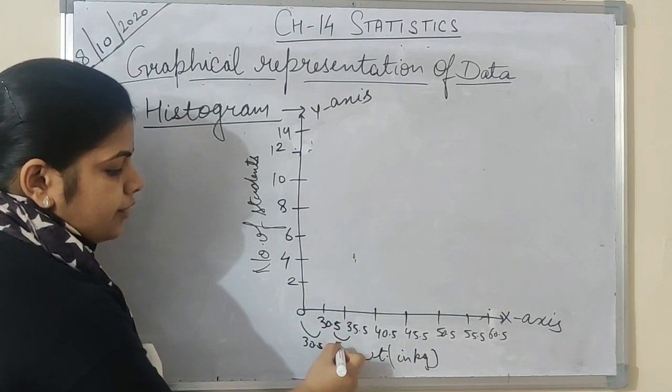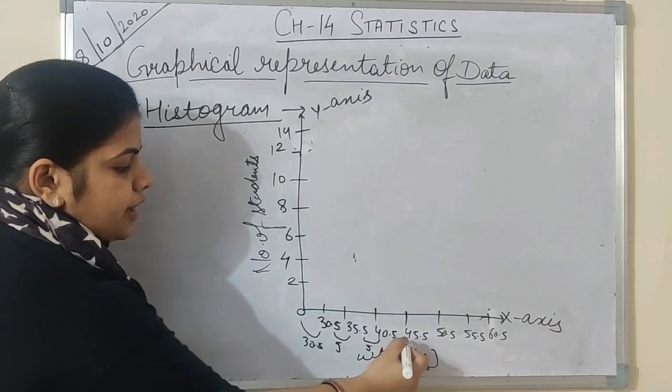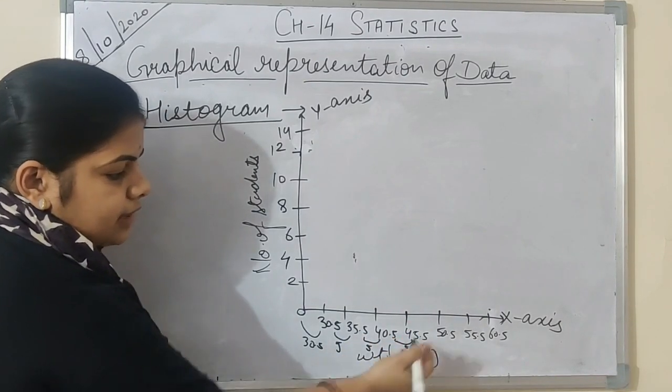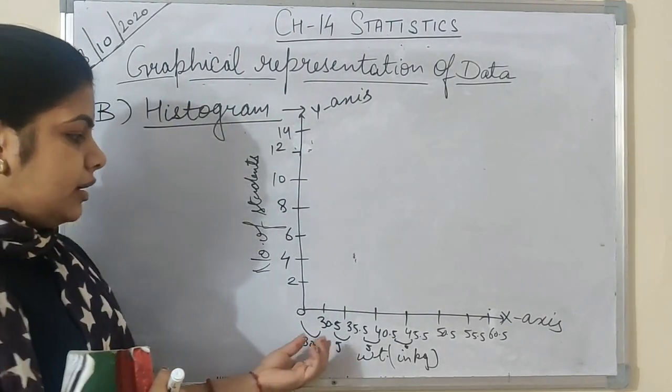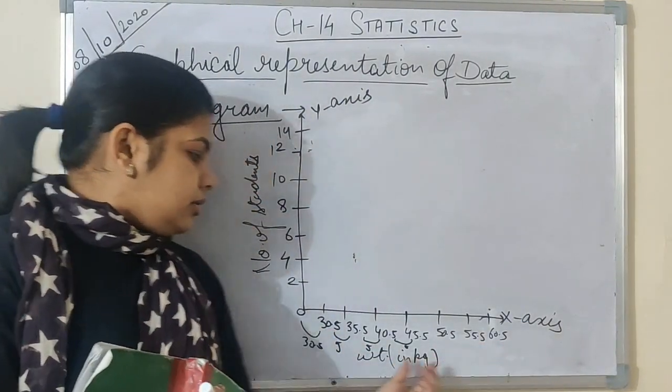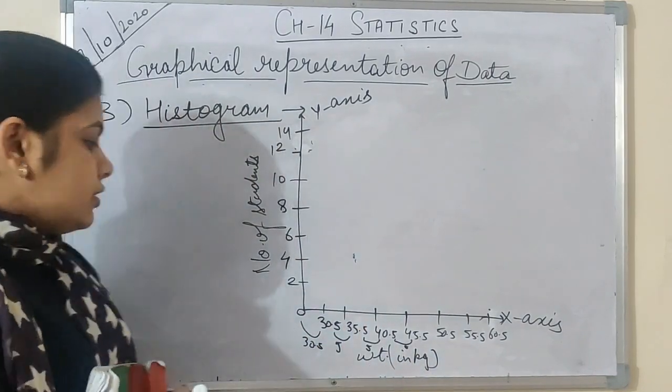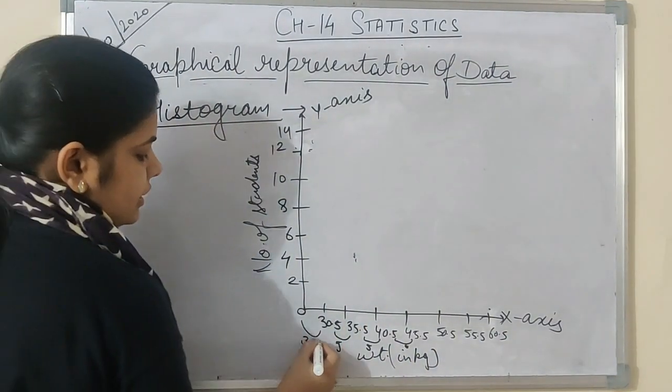Here the gap is 5, here 5, here 5. You will observe that after this, every gap is of 5 units only. So this is unequal.